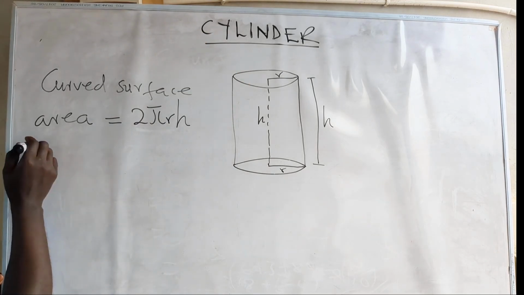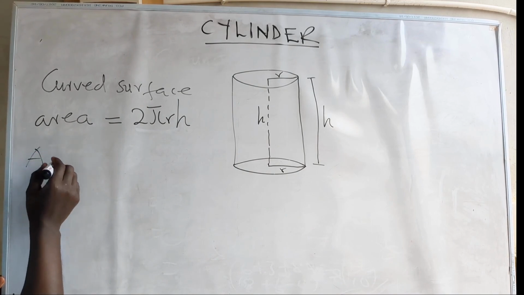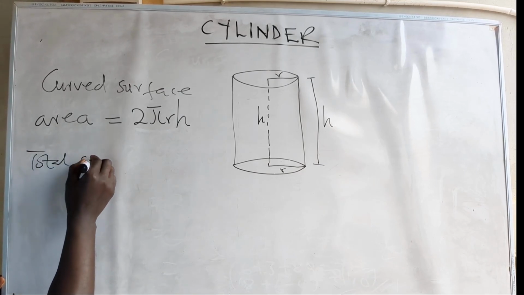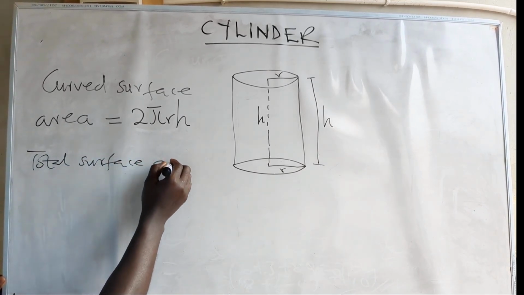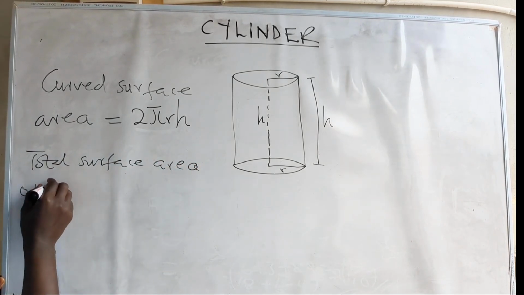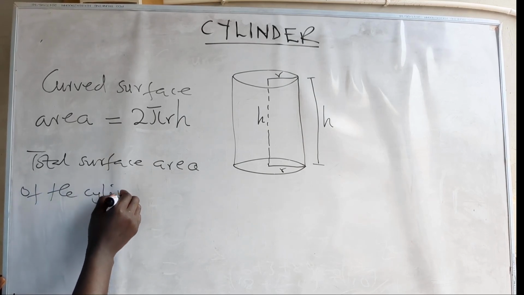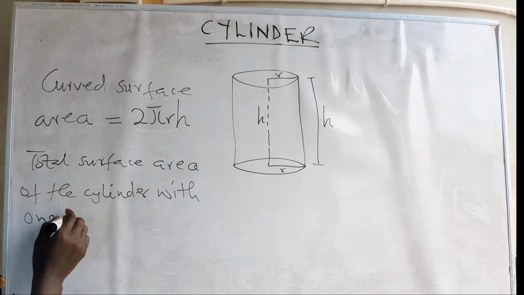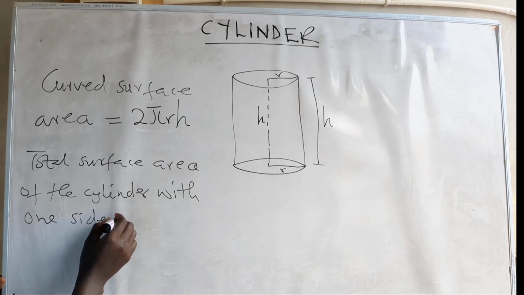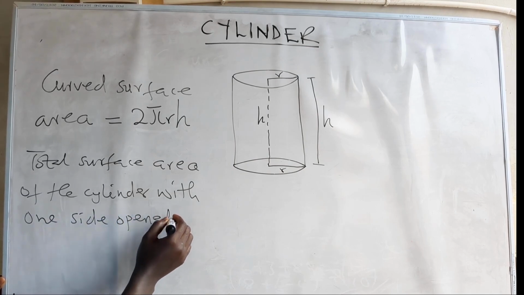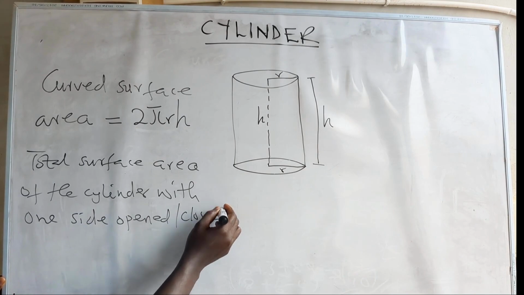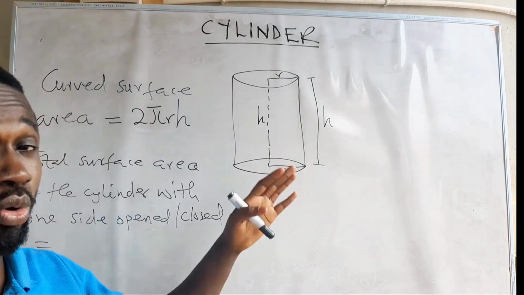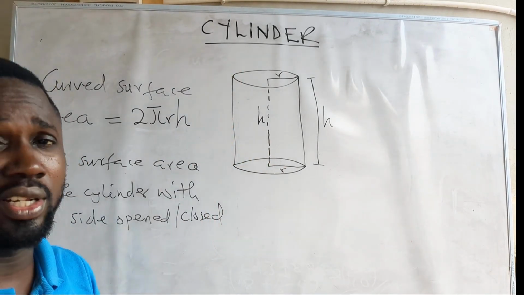So we are going to find the total surface area of the cylinder with one side open or one side closed. If I open one side, then one side is closed, or if I close one side, then the other side is definitely open.